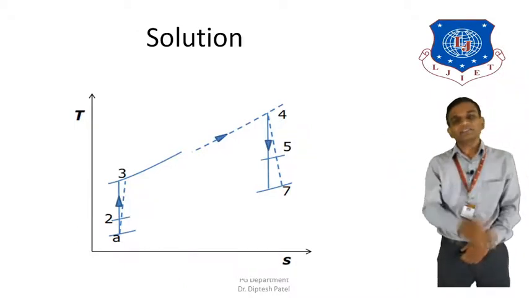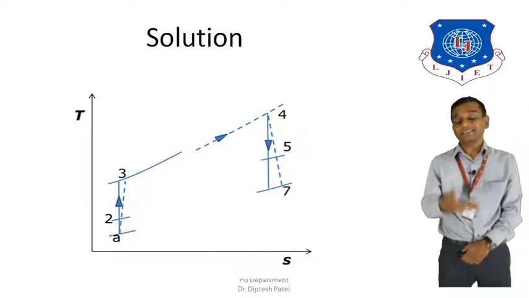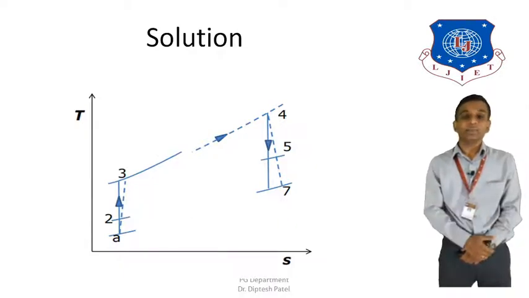As we have discussed earlier, every time you need to solve an example or numerical, you have to prepare the TS diagram. That would help you understand the example more clearly. So this is the TS diagram of the jet engine. You can see A to 2, 2 to 3, 3 to 4, 4 to 5 and 5 to 7.